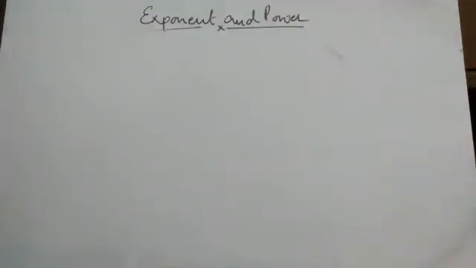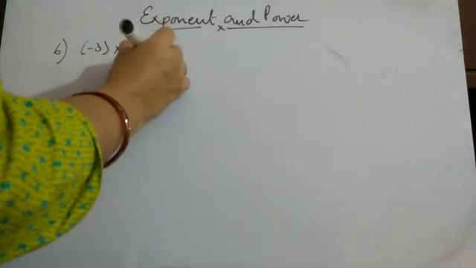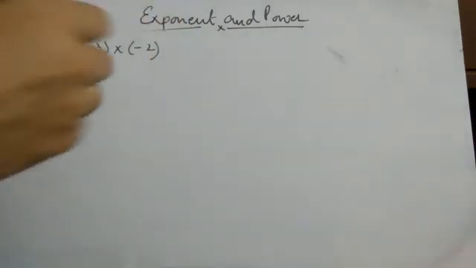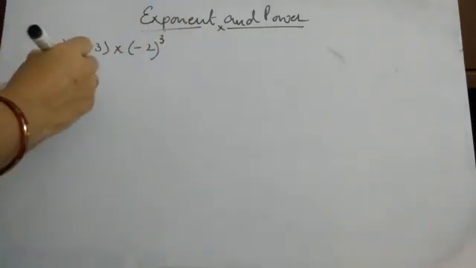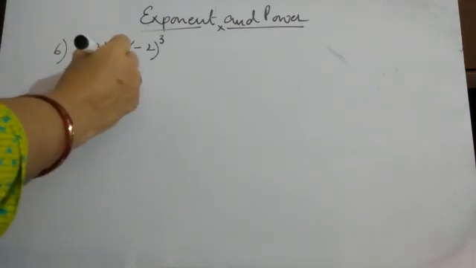Now the next example, example number 6: minus 3 into minus 2 raised to the power 3. Now if the numbers have signs, so this is minus 3.